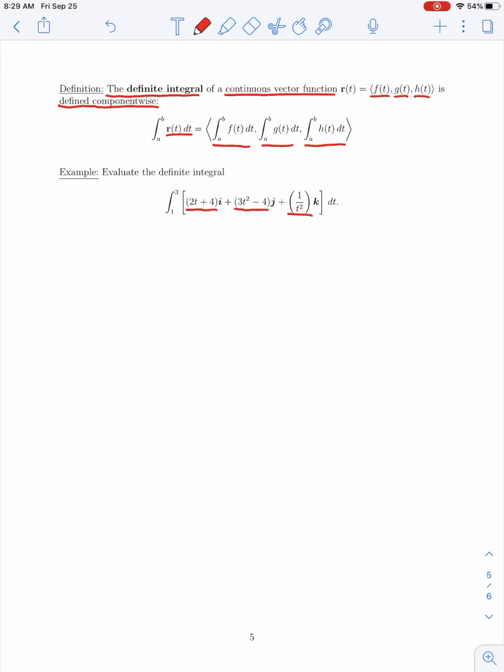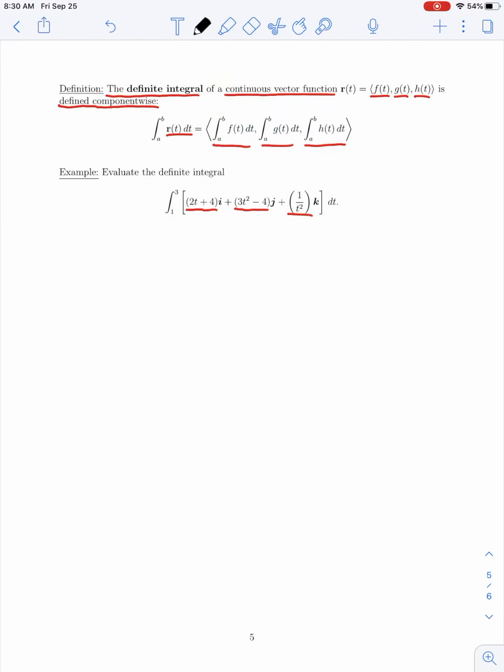So since these definite integrals are defined component-wise, we can evaluate the definite integral for each component function.